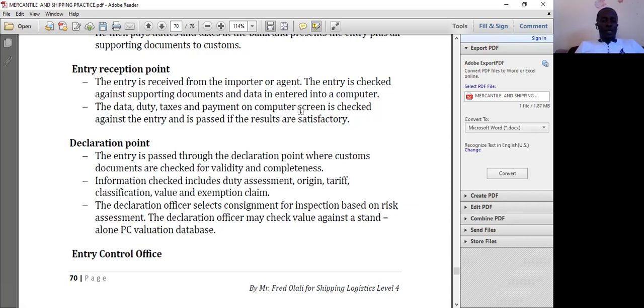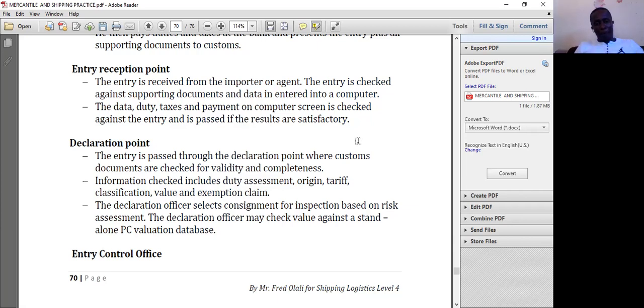At the entry reception point, the entry is received from the importer or the agent. The entry is checked against the supporting documents and the data is entered into the computer. The duty and taxes payment screen is checked against the entry and is passed if the results are satisfactory.